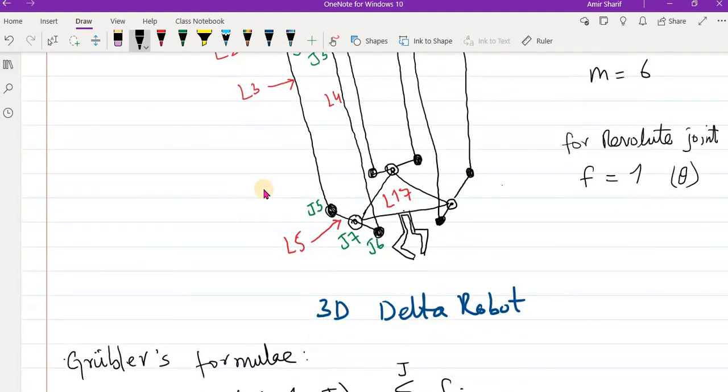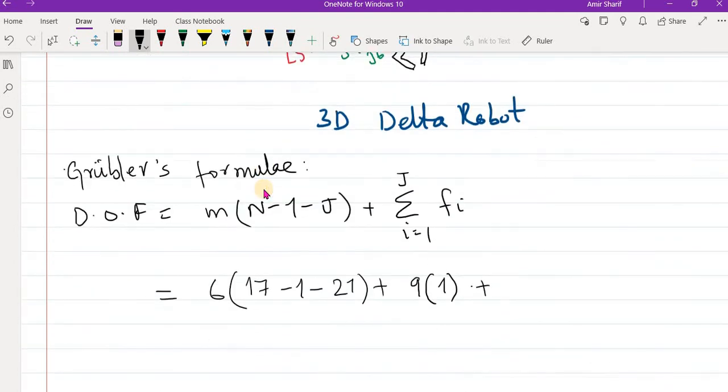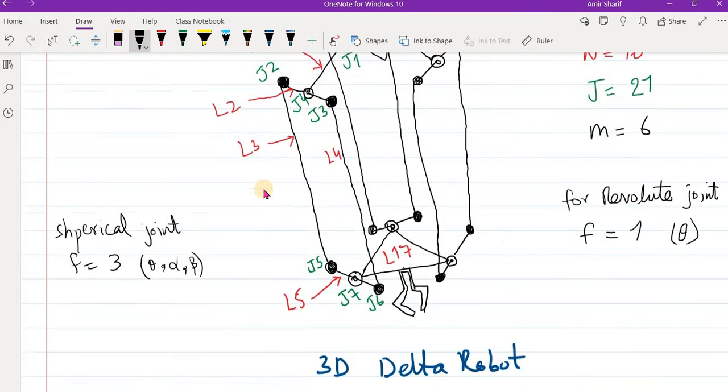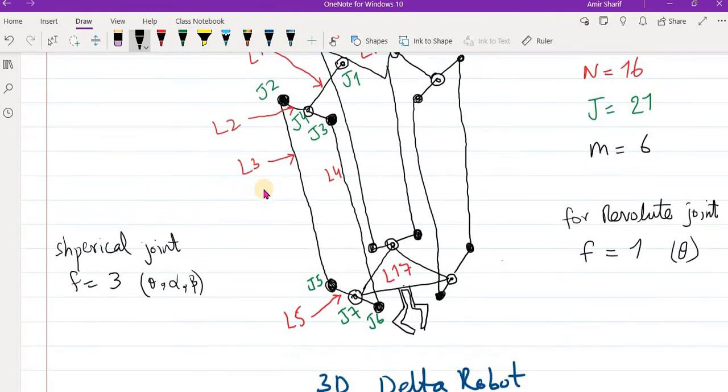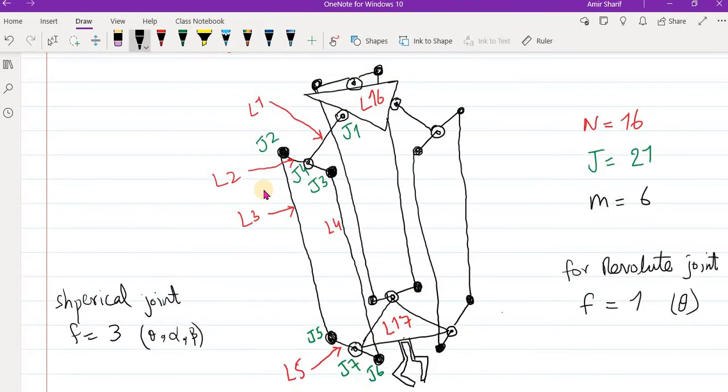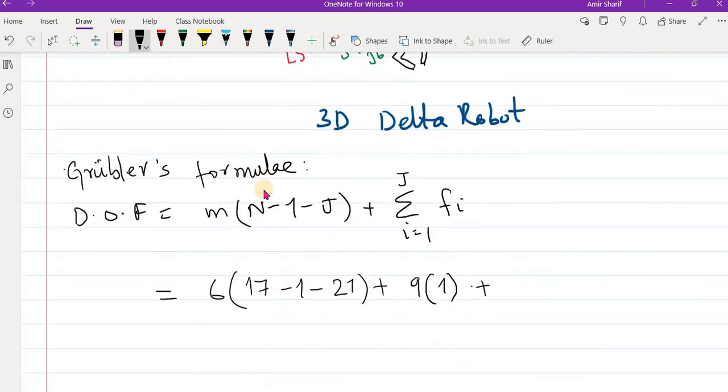The degrees of freedom of a spherical joint are 3, which are theta, alpha, beta, 3 rotations about the 3 axes. There are 4 on each arm, and in the robot there will be 12 spherical joints, and each has 3 degrees of freedom.